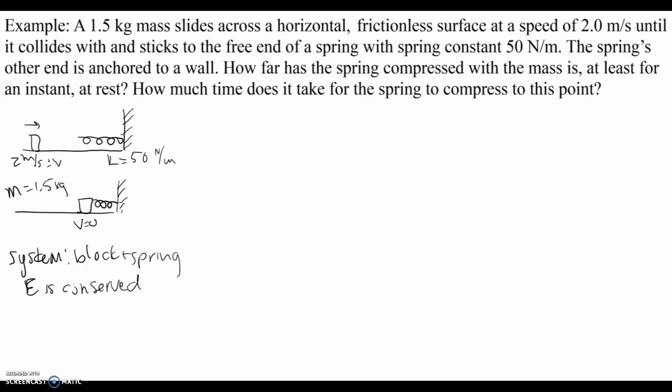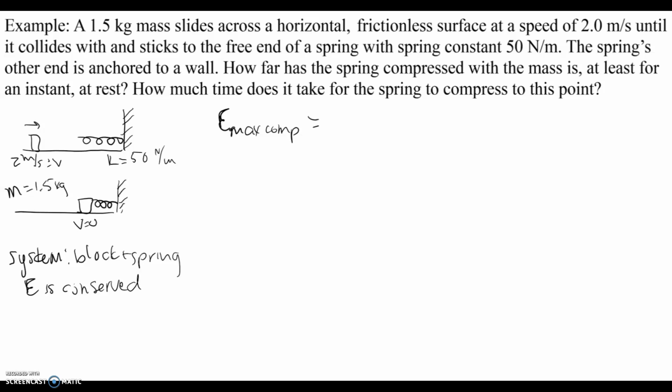For sure, we're going to want to take the moment in time when the spring is fully compressed. So we're going to take the energy at maximum compression and set that equal to the energy at some other moment in time. Looking at the information we know, we don't really know much else except that the block was moving at 2 meters per second when it hit the spring.